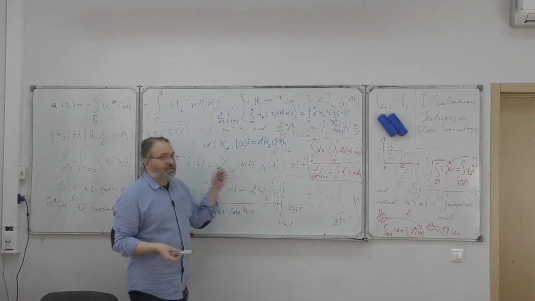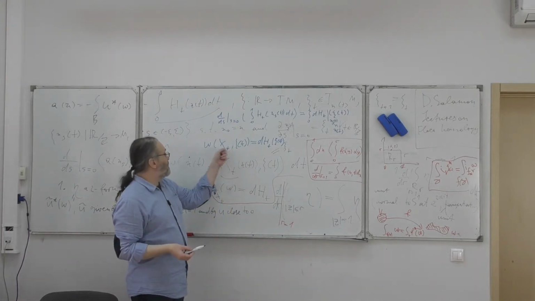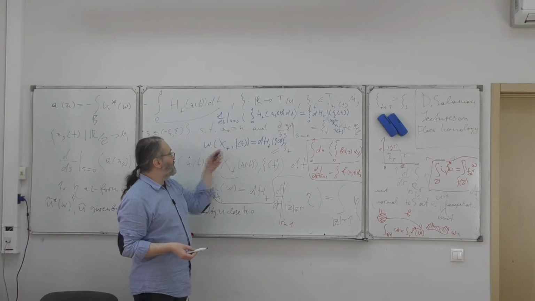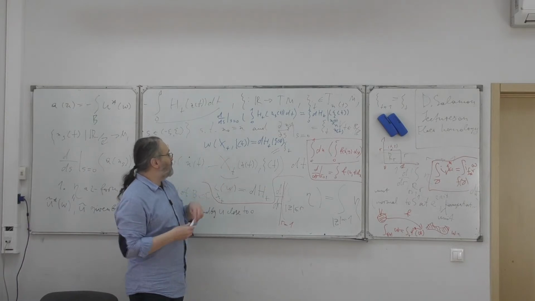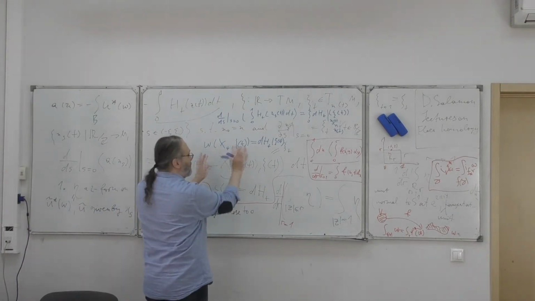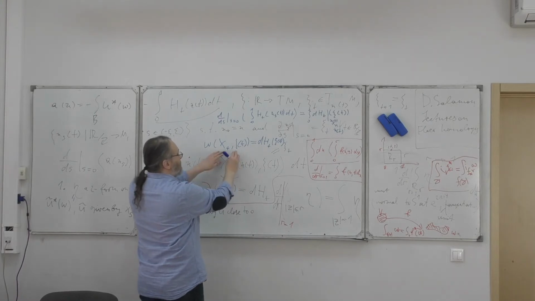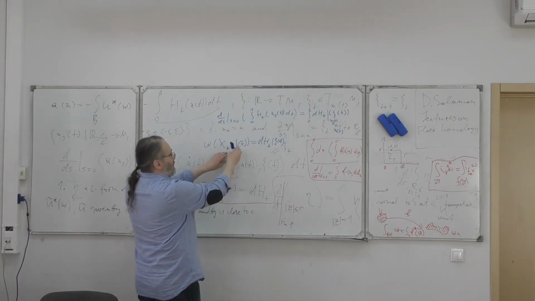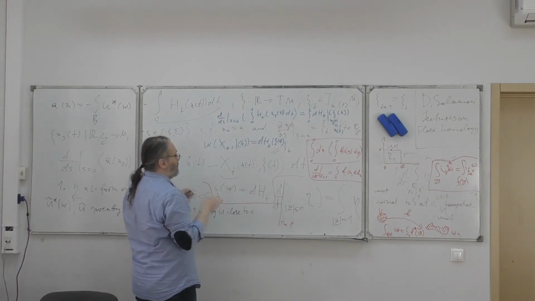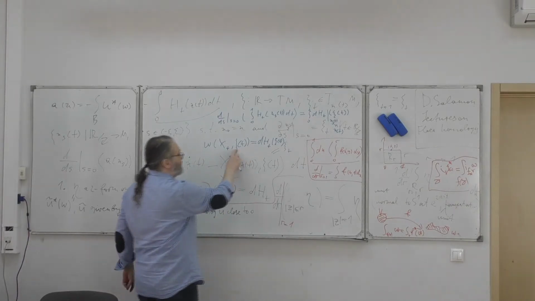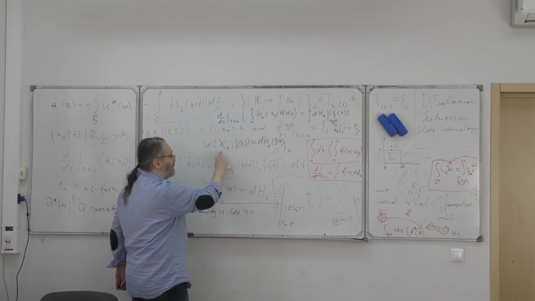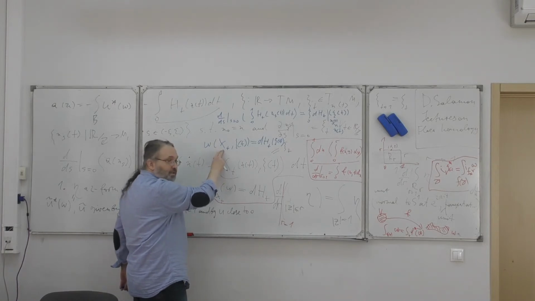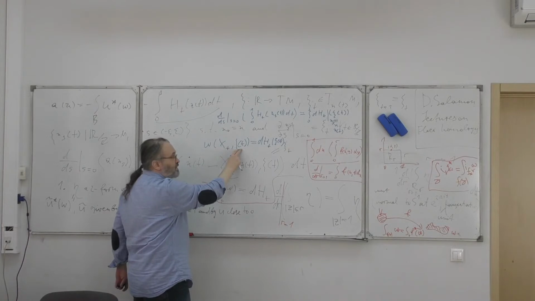This follows from the following. Let's not forget about x. Let's take some point of the manifold, the value of xt at this point, and some tangent vector at the same point.